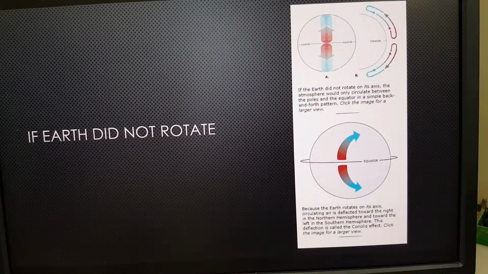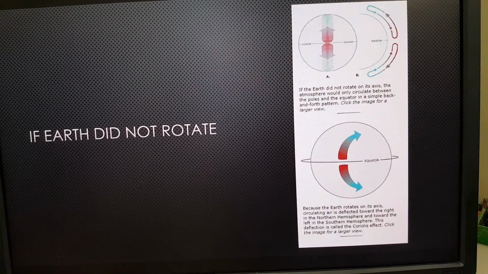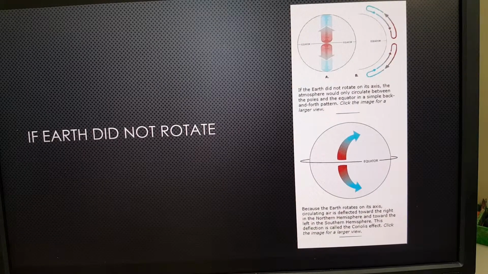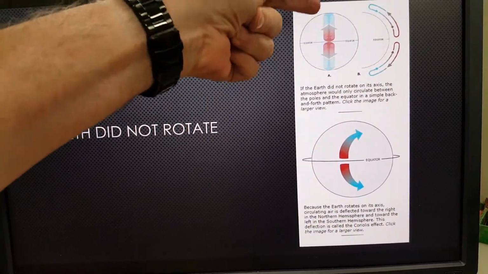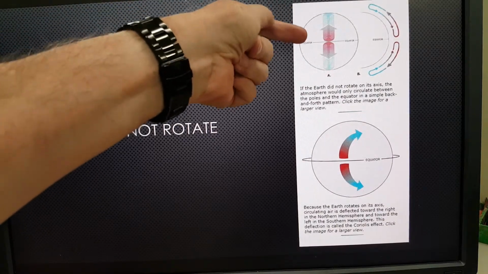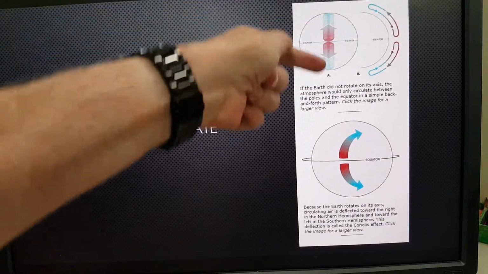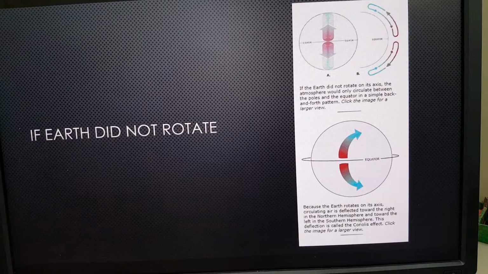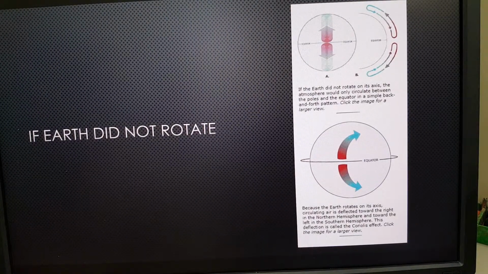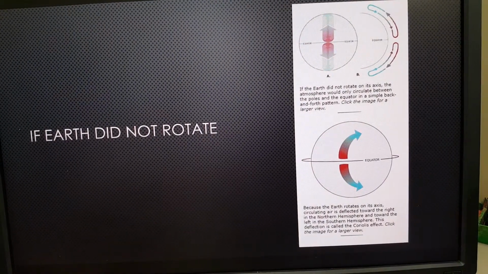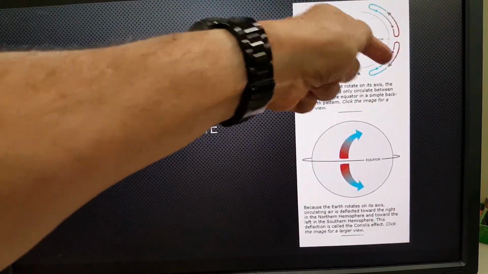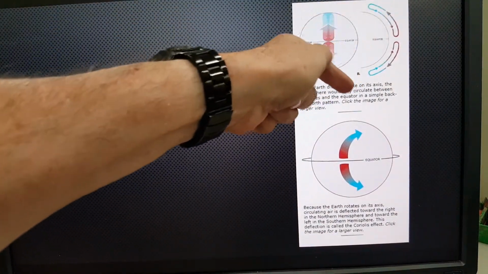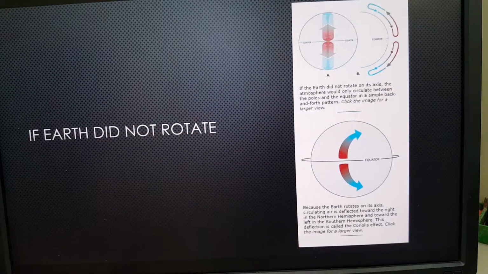Let's remember also from last week, if the Earth does not rotate, then the atmosphere would only circulate between the poles and the equator in a simple back and forth motion. So last week we discovered that this cell is called a Hadley cell.